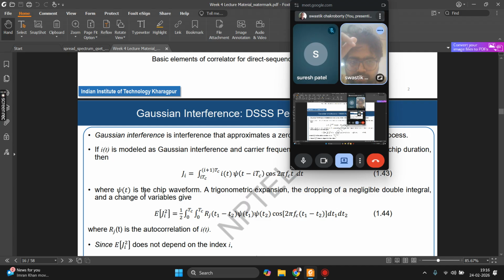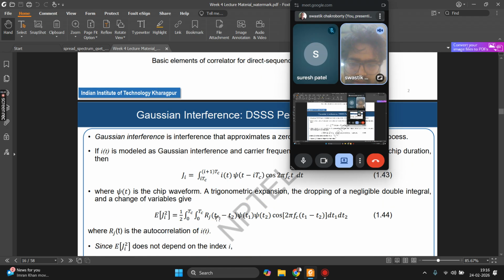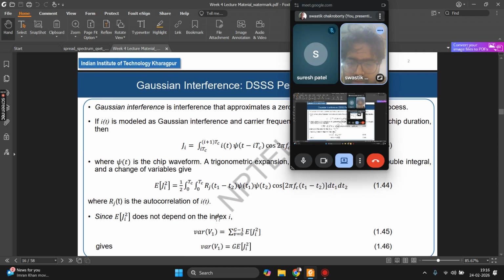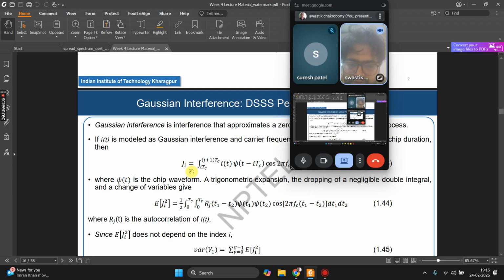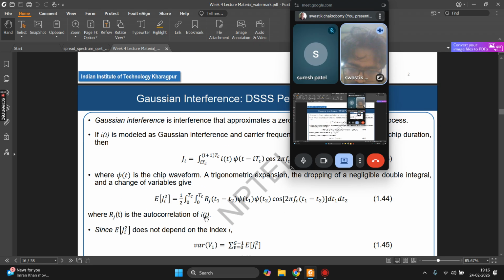You are doing the spread spectrum, so the equivalent waveform of the spread spectrum is the chip waveform, and you multiply that with cos 2 pi fct, so to get the Gaussian interference power and the expectation of Ji square. So this thing itself is Ji, and if you take the expectation of Ji square, you will get something like this after trigonometric expansion and dropping of some integrals, finally a simplified process.